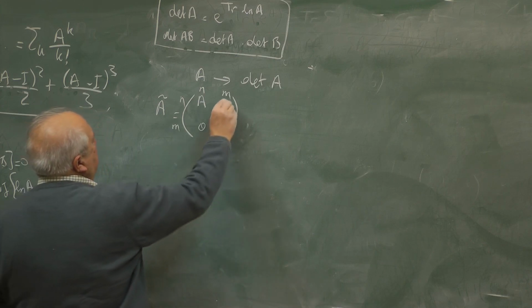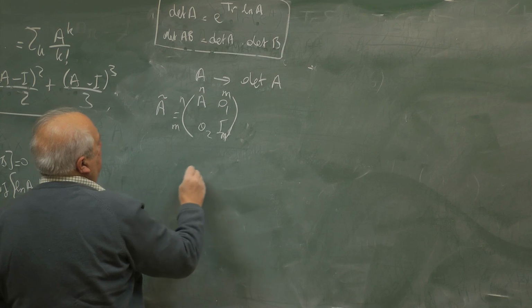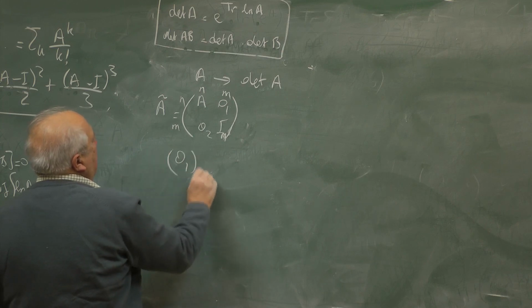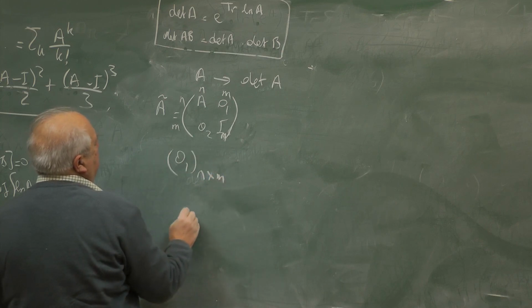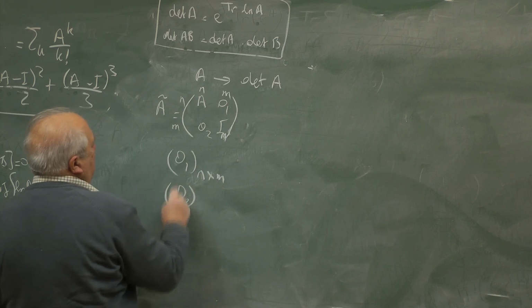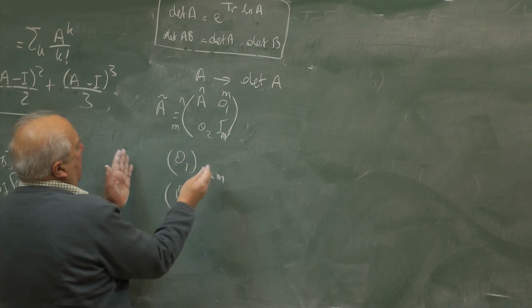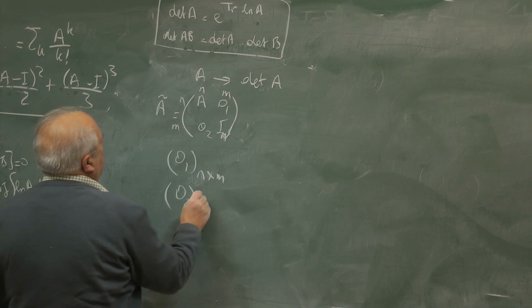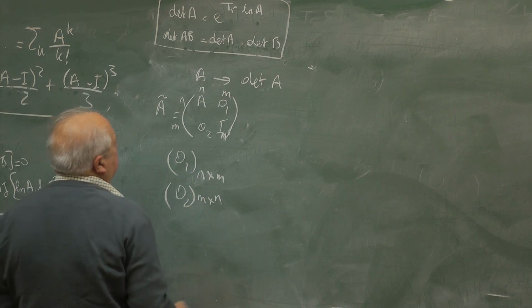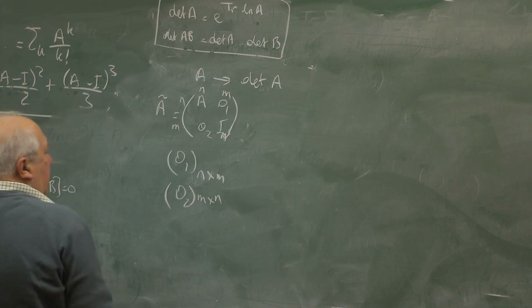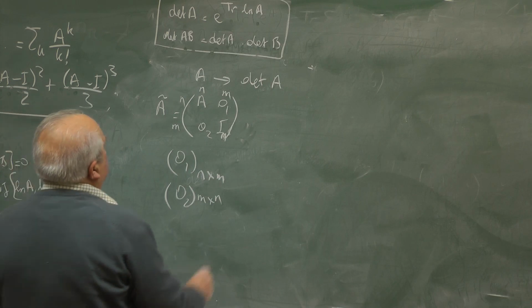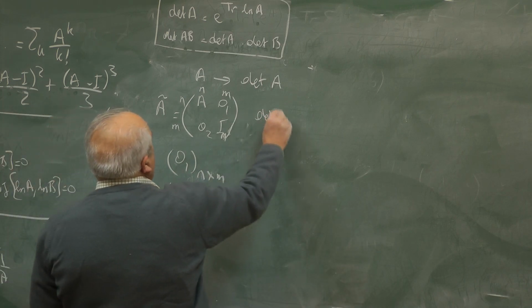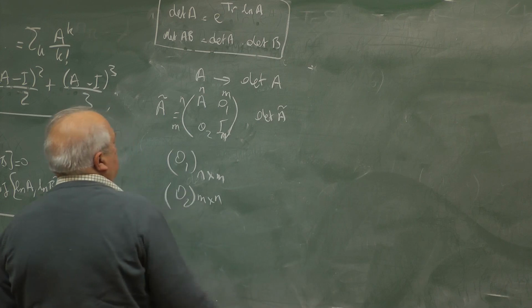Let me call the zero blocks 0_1 and 0_2. 0_1 is n by m, and 0_2 is m by n, namely arrays full of zeros. So what is determinant of A tilde?